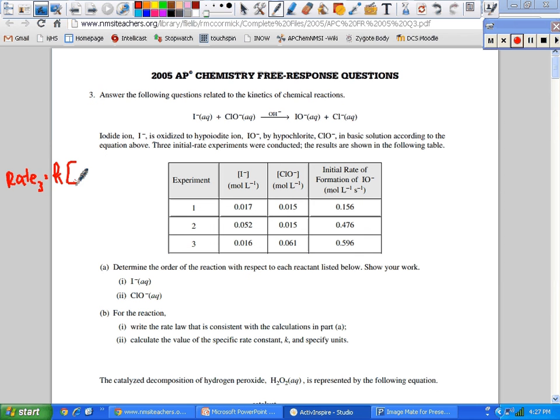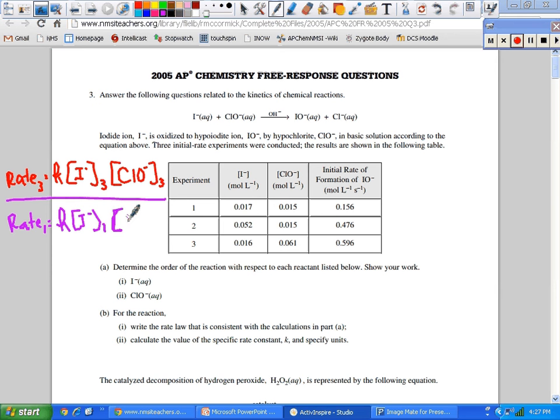No, let me... over rate 1 over the exact same thing. K of I minus of the first experiment and ClO minus of the first experiment. And then they just plug the numbers in.